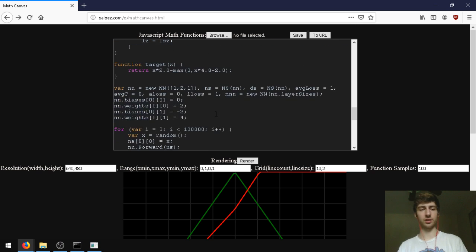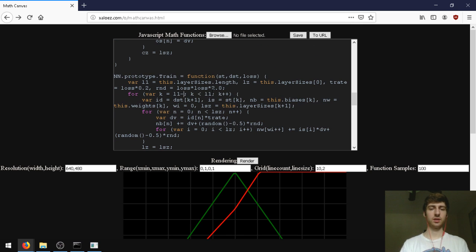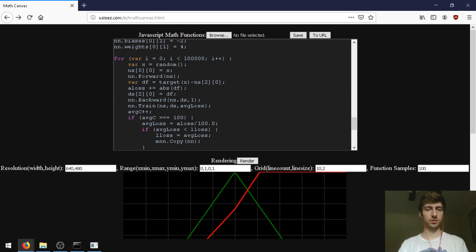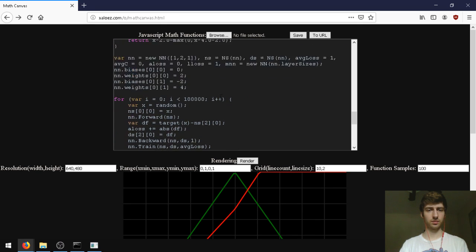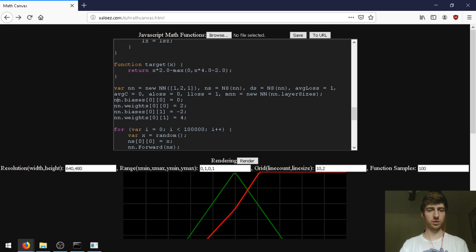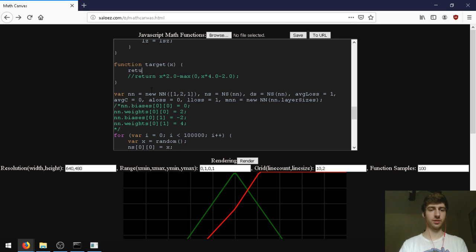I can try it on a sine wave now, just to test it out here. Let me just uncomment this, or comment it. All I need to do is change this to a sine wave.